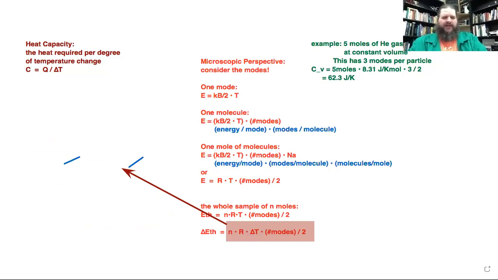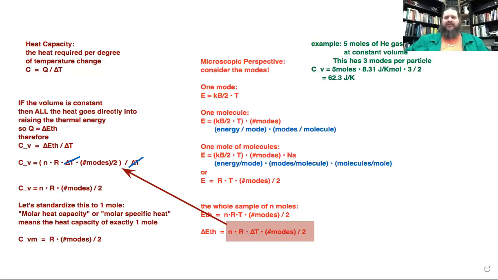So we just get 1 times R times number of modes over 2. So it's very easy to calculate or predict what the heat capacity is going to be of exactly 1 mole at constant volume.